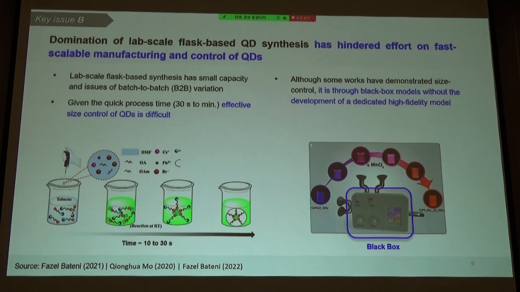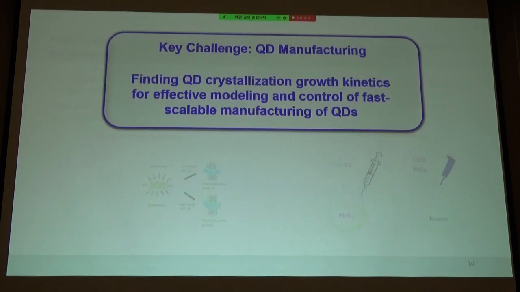Instead, they just use the data and try to develop a data-driven approach, based on which they either design a controller or solve optimal operation problems. So I found that there's another key challenge here. In summary, for QD manufacturing, finding QD crystallization growth kinetics for effective modeling and control of fast, scalable manufacturing of QDs is one of the key challenges.